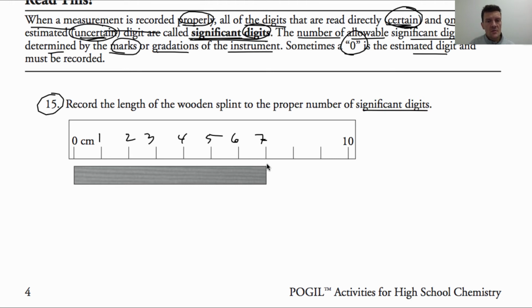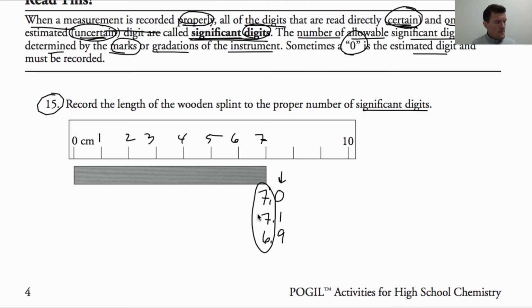Some of you might say it's exactly 7, but then remember you get to estimate one past 7. So some of you might say I think it's 7.0. Somebody might say, no, I think it's 7.1. Somebody might even say it's 6.9. All of those are valid measurements for this particular ruler. Okay? You get to estimate. These are all estimated. These are certain, even though we have a little bit of a discrepancy there.